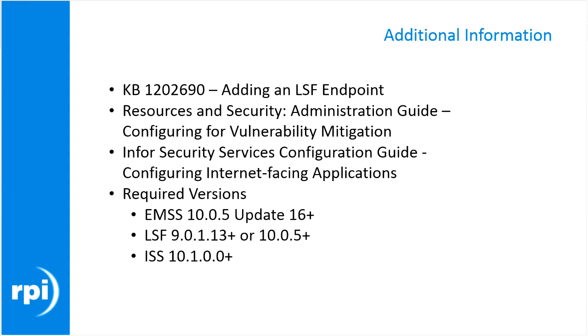I know most people are in 10 or at least a 10 pack. But this capability came out about 2 years ago now. So if you're within the Infor N-2 versioning, you probably are at the level you need to be. Correct. And with that, we'll take some questions.